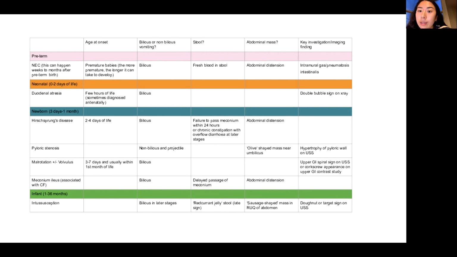What's the stool like? Is there an abdominal mass, or is there a really key investigation or imaging finding that would be like, oh right, that's definitely pyloric stenosis, it can't be anything else if there's that finding on the ultrasound scan. So yeah, sorry I didn't get to finish all of this table, but I thought quite a lot of information is already there, and this would be a good starting point, and you can make your own with the rest of the vomiting conditions and presentations. So yeah, just a little idea there.